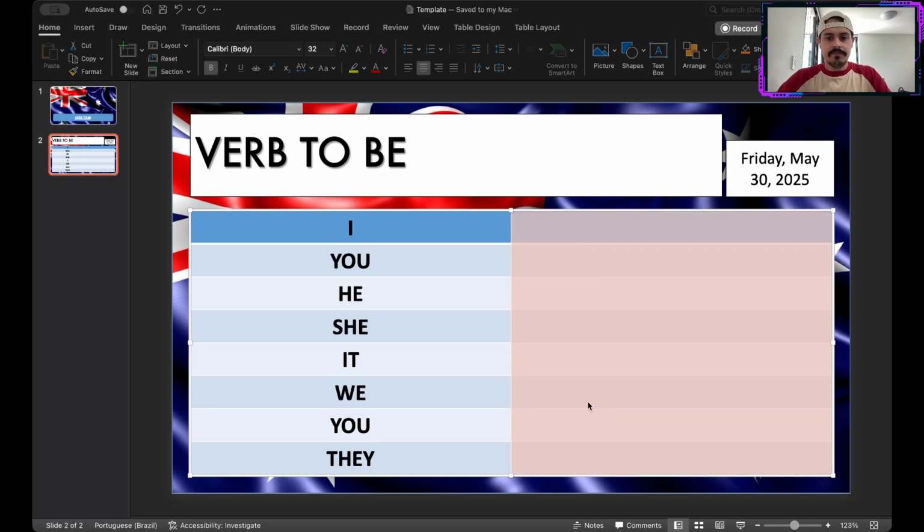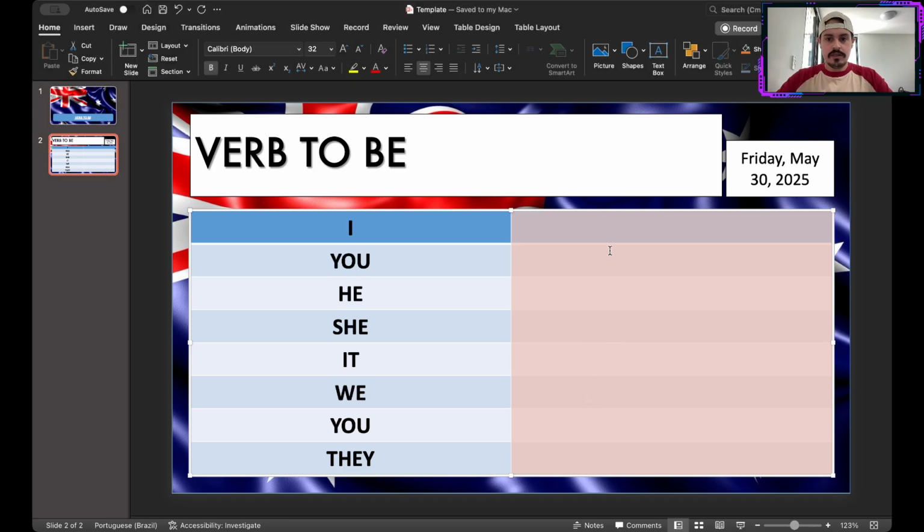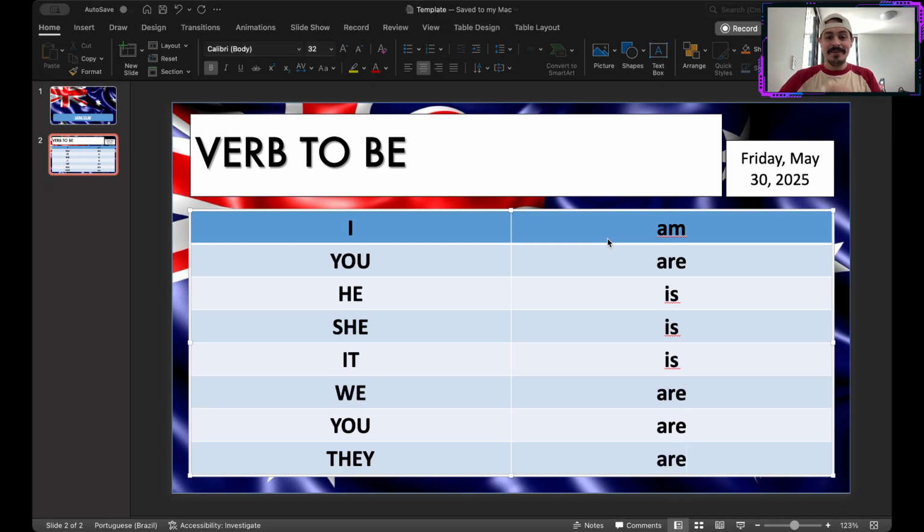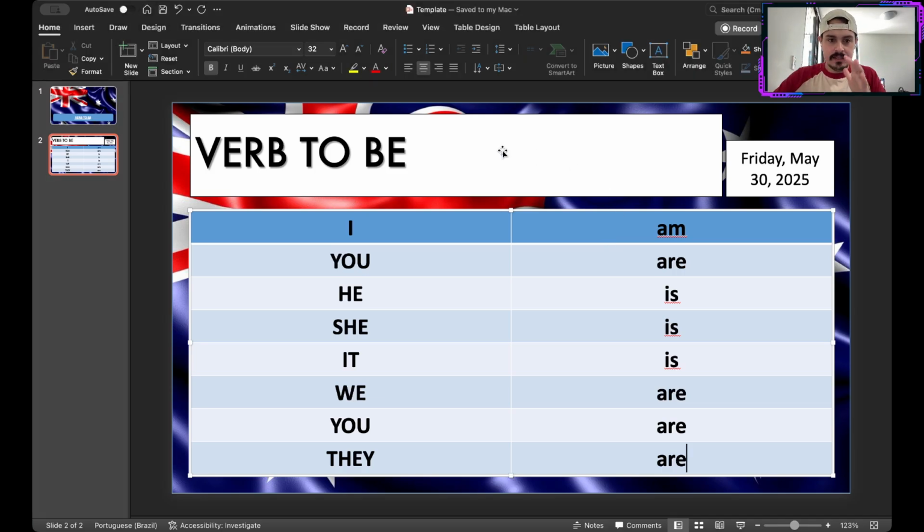On the right here, we're going to have the verb be. So let's start. I am, you are, he is, she is, it is, we are, you are, and they are. Basically, what happens to he happens to she and to it, exactly the same way.